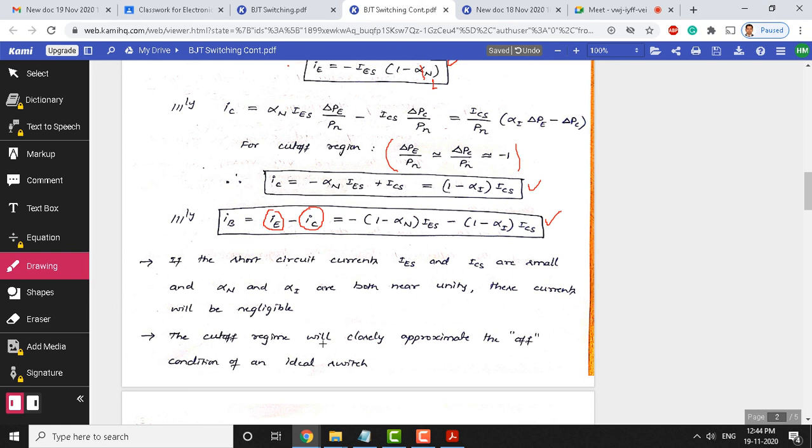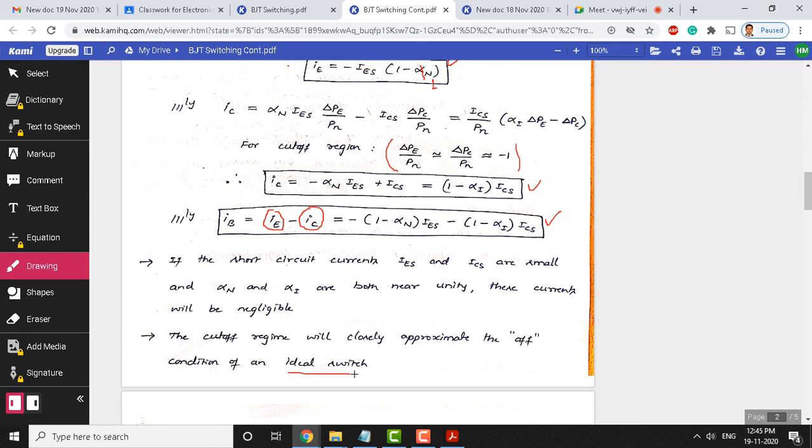So in the cutoff region, if you approximate in the ideal case, we know that between the emitter and collector there should be an open circuit here. That kind of situation we are observing from these equations also. The cutoff region regime will closely approximate the off condition of an ideal switch.